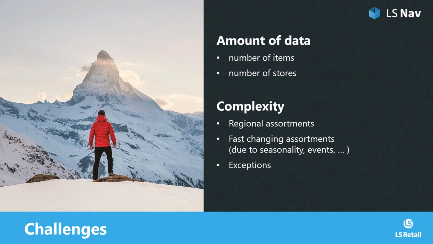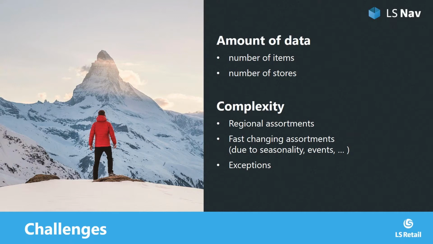Those stores were more like small mini warehouses. In grocery supermarkets, it's not uncommon to have 10,000 to 15,000 items in the assortment. And we see the same with the stores. The more stores and the more variations we have in between the stores, the more challenging and complex the task of managing assortments gets.